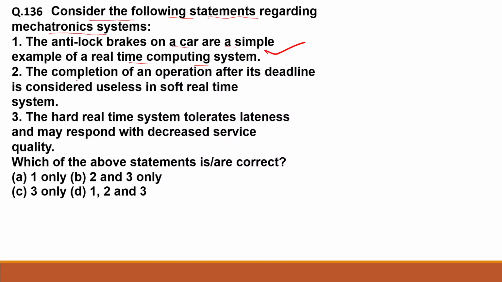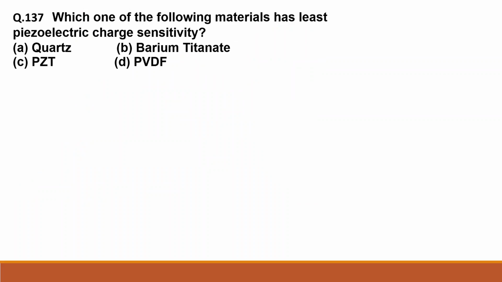The option point 3, the completion of an operation after its deadline is considered useless in soft real time. This point is wrong, guys. The hard real time system tolerates lateness and may respond with decreased service. This point also is wrong. Now option A will be our right answer, guys. So moving to the next question here.